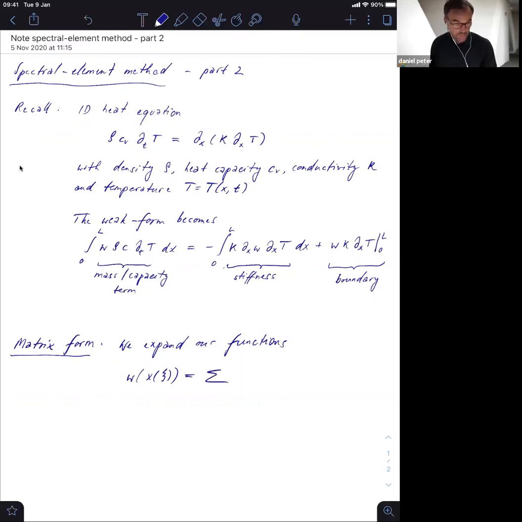And we're going to expand it on our basis function. So do you still remember what the basis functions are in the spectral element method? Go and look up your notes.